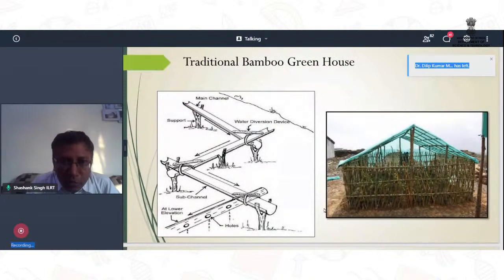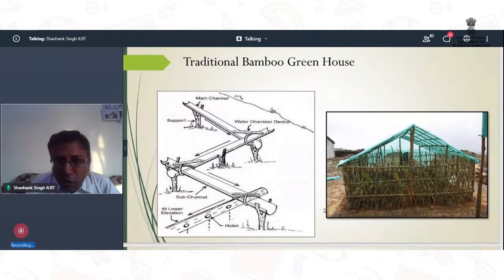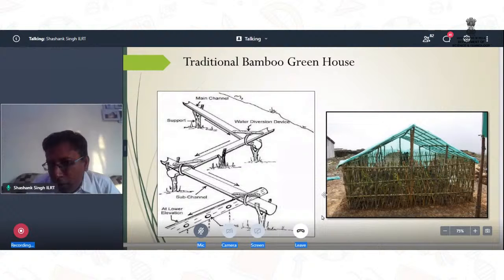So the plan is to connect this dew fog water through the bamboo drip system, which is traditionally known in Meghalaya. People are using it, and we connect this bamboo drip system with the local bamboo greenhouses, so that they can use this water to cultivate some crops in the off season, and that can give them a source for their livelihood. Next slide, please.